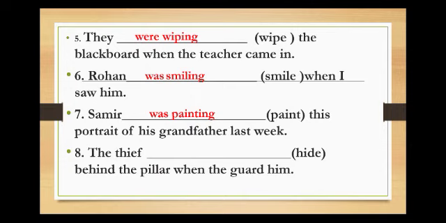The word saw is missing. Never mind, you can add it over there. Okay, the thief, what was he doing when the guard saw him? The thief was hiding behind the pillar when the guard saw him.